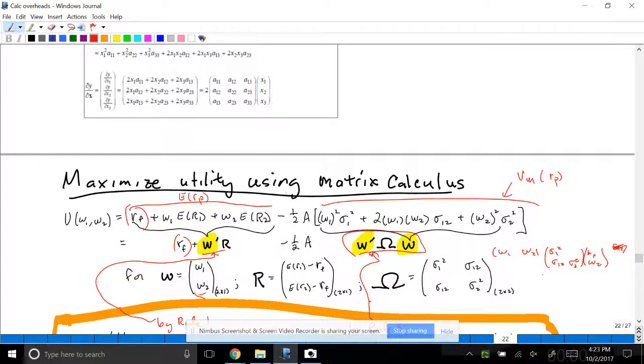This is how we wrote that out. And the exposure to whatever we have in the risk-free rate doesn't contribute anything to variance.